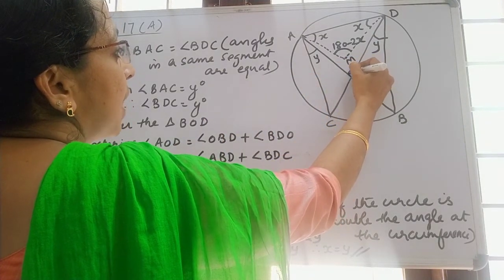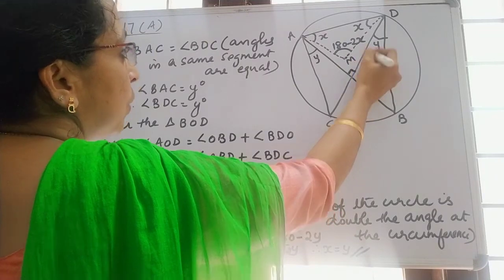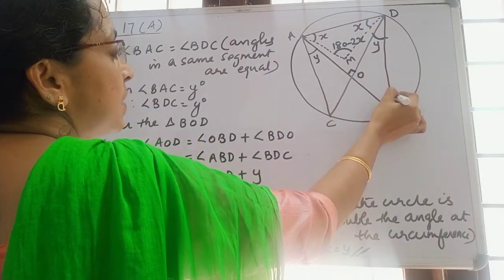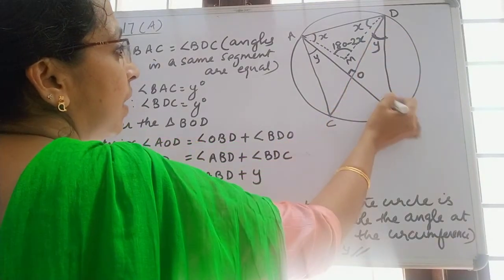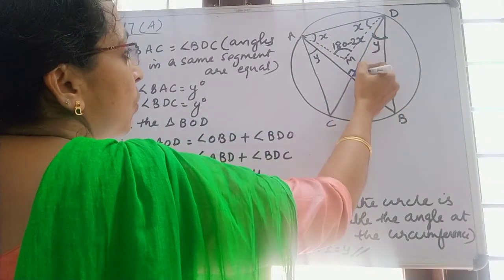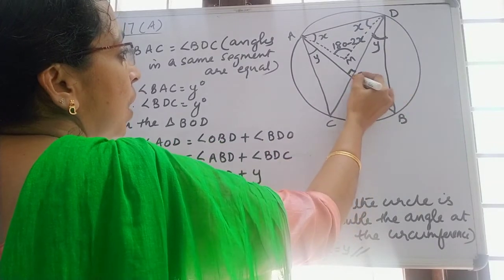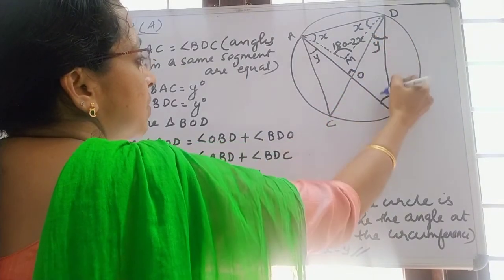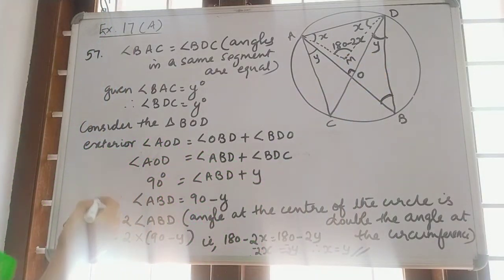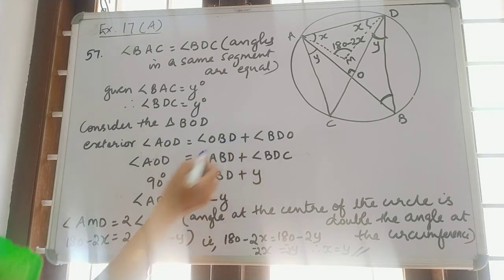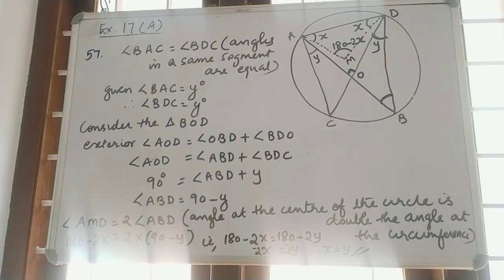So this exterior angle AOD will be equal to the sum of the opposite interior angles. Which are the two opposite interior angles? That is ODB and OBD. The sum of these two will be equal to 90 degrees. So we can write angle AOD is equal to angle OBD plus angle BDO.